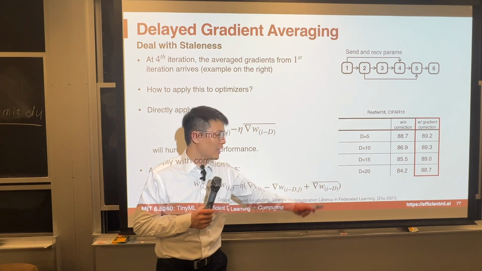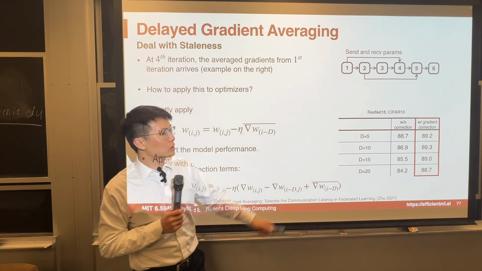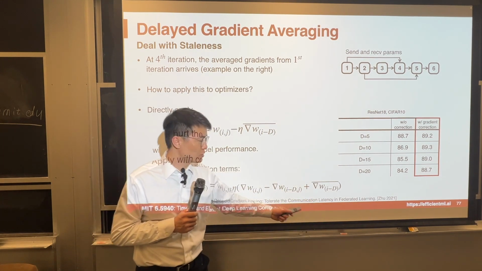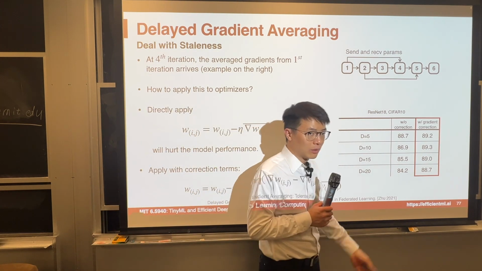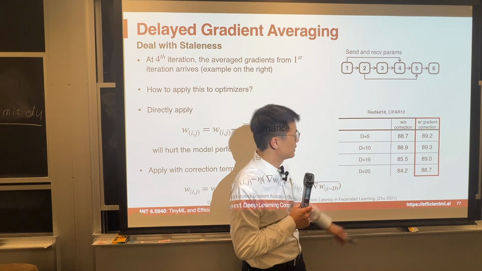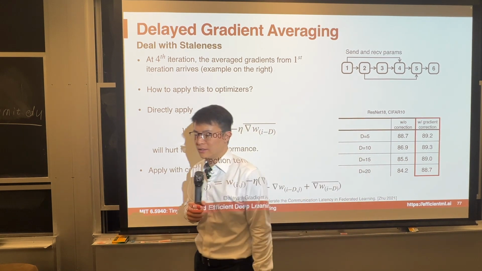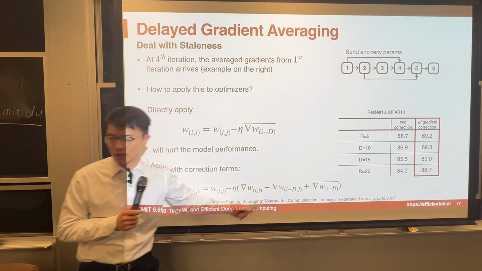Finally, you received it now. So we call it the gradient correction term. You cannot just receive from others, you also want to kick out your own stale gradient. We can see the accuracy is getting much better than without such a gradient correction term, which is right here.